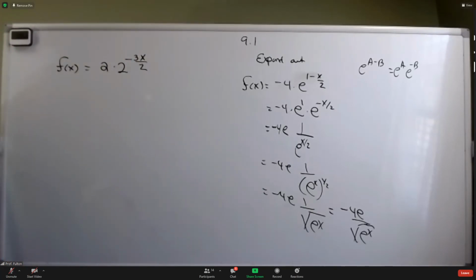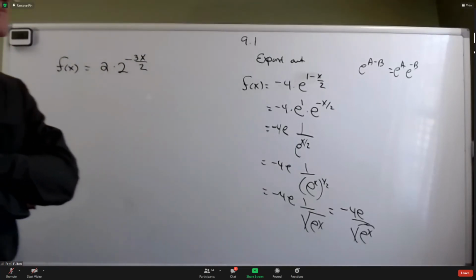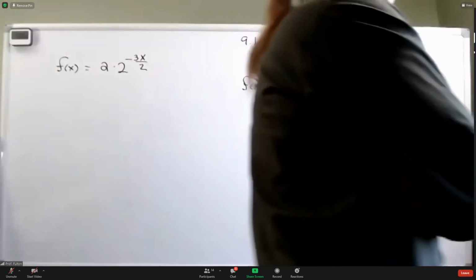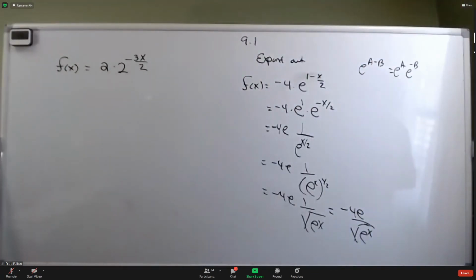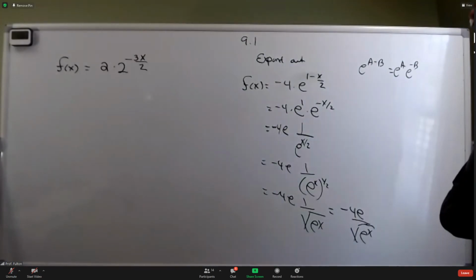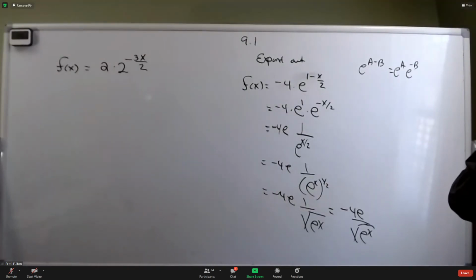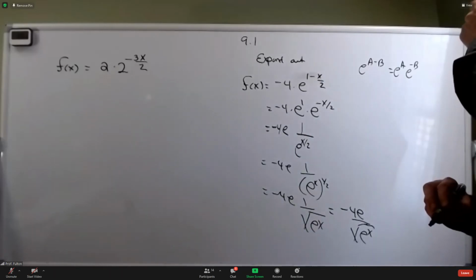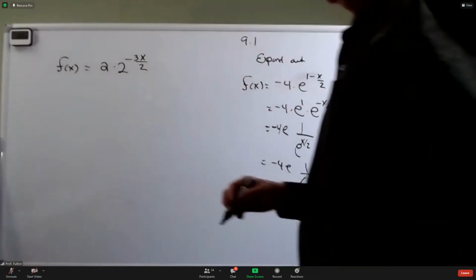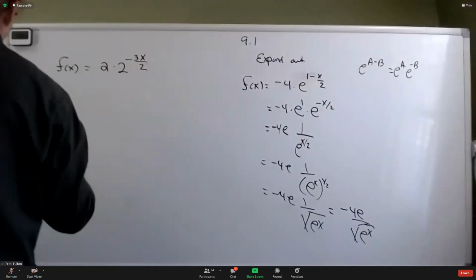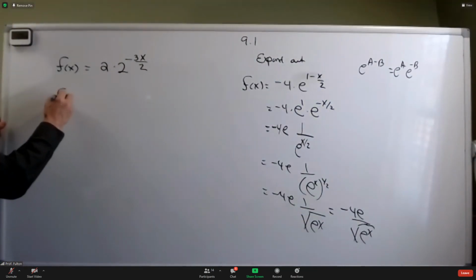Okay, what I want you to do is expand that out, use radical notation as appropriate, and no negative exponents. There's a couple of ways of writing it. I just want to see as long as you do things appropriately.